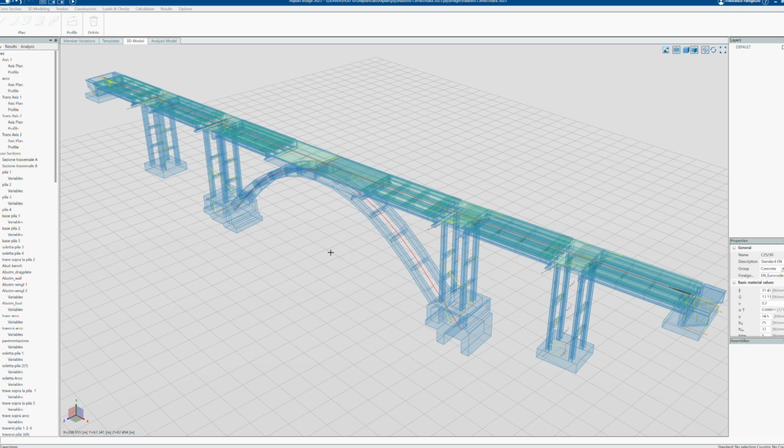It was therefore possible to understand every issue related to the realization of interventions on particular elements of the viaduct. Allplan Bridge was of incredible aid during this process of structural rehabilitation.